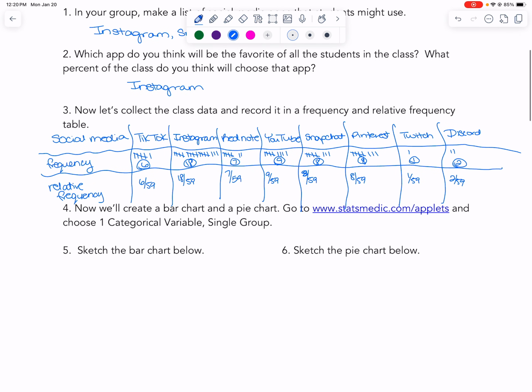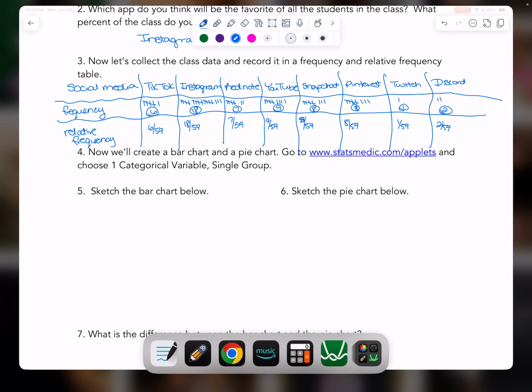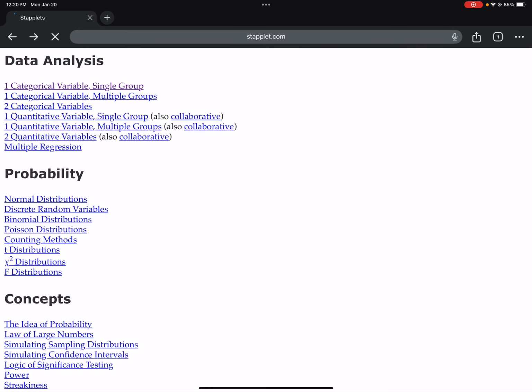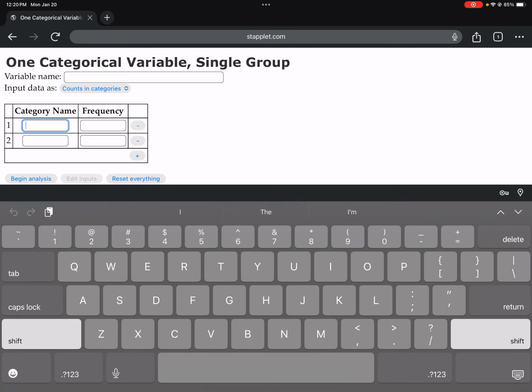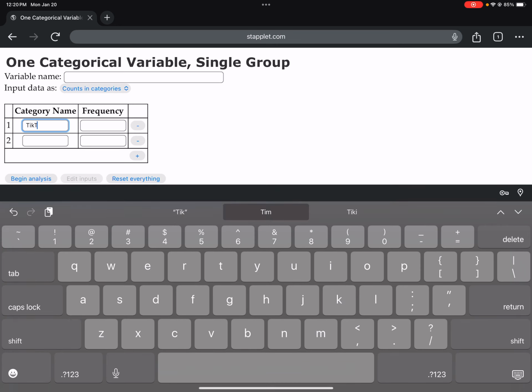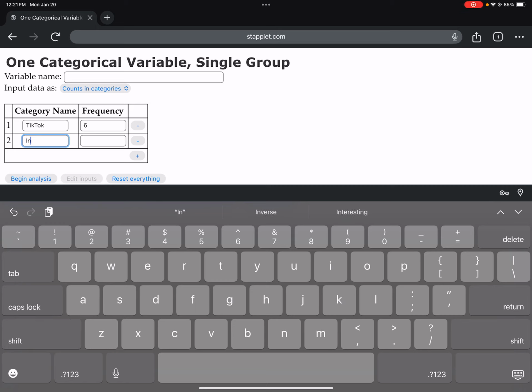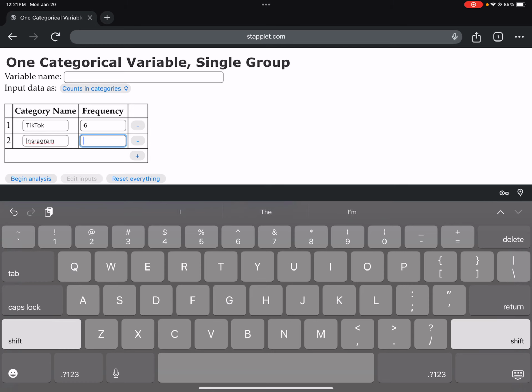So now what I want is a bar chart and a pie chart. So it says go to statsmedic.com/applets. Choose one categorical variable, single group, and then sketch the bar and the pie chart below. So if I go to my Chrome here, one categorical variable. So we would type in TikTok. And then we would put in 6. And then we had Instagram, and we would put in 18.